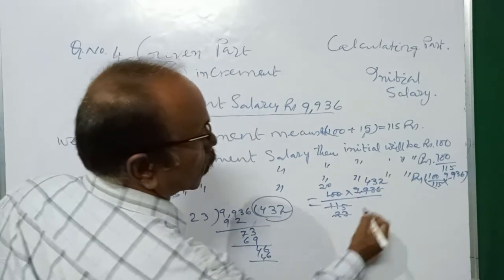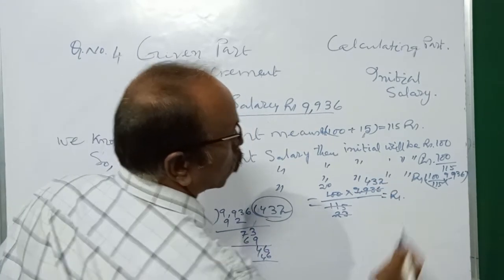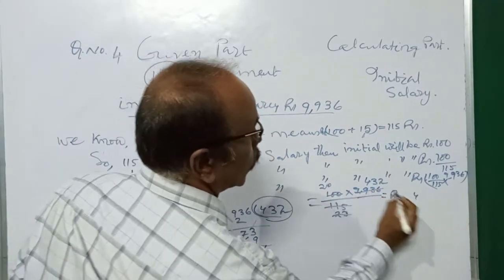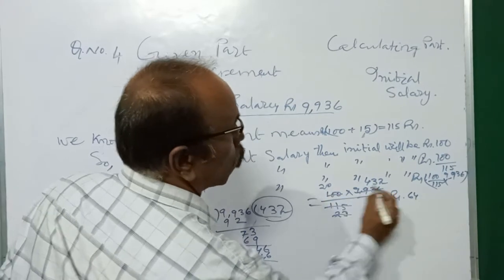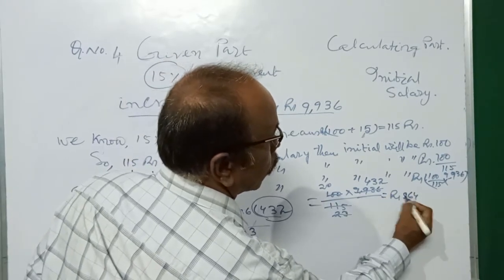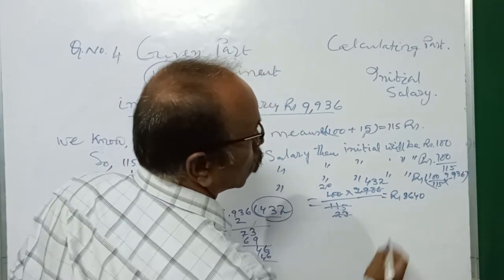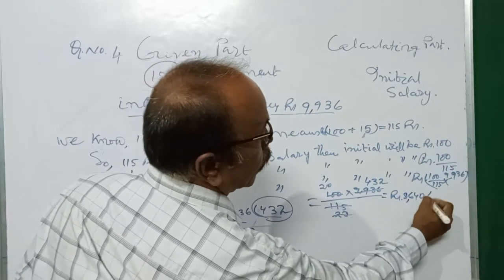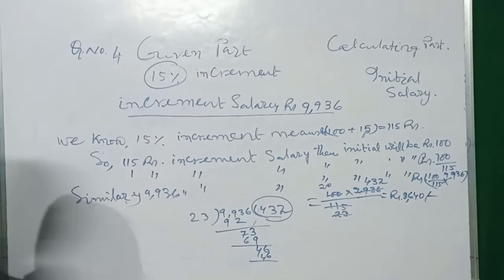Therefore, 432 times 20 equals rupees... 2 2s are 4, 2 3s are 6, 2 4s are 8, rupees 8,640.